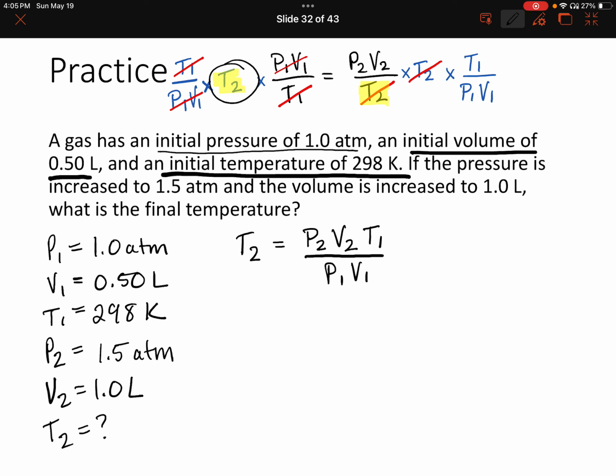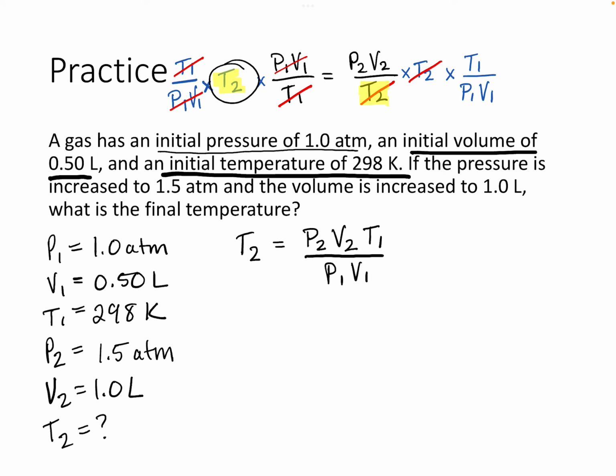So now that we have our rearranged equation, we can plug in our values. If you prefer plugging in your values first and then rearranging, that is totally fine, whatever works for you. There's multiple ways to solve the same problem. Okay, so let's plug in our values.